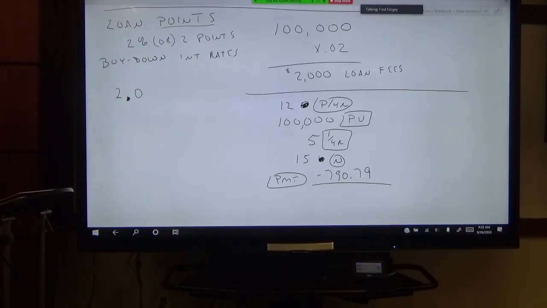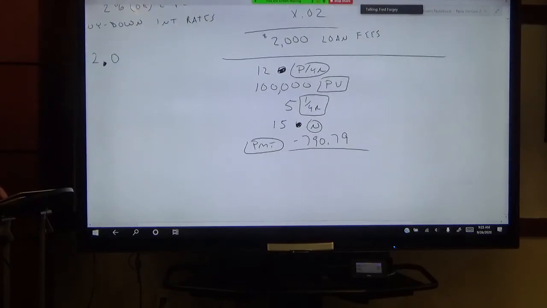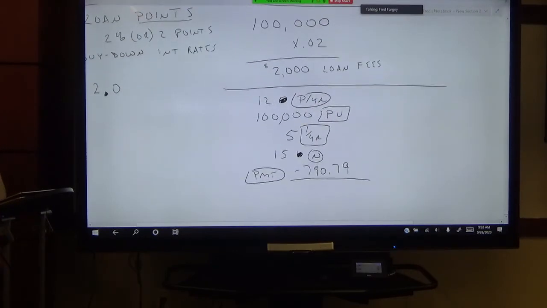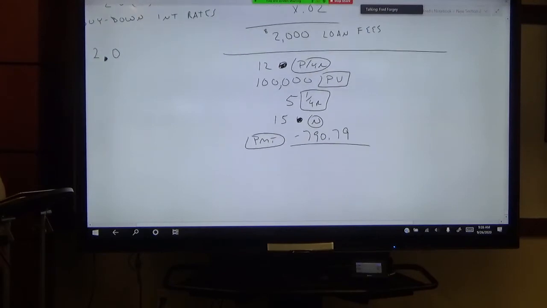Now, all right, so in this particular case, let's just say that we were to say, okay, it's a 2% loan origination fee, then what that really means is that the lender is really only going to be dispersing what? 98,000.